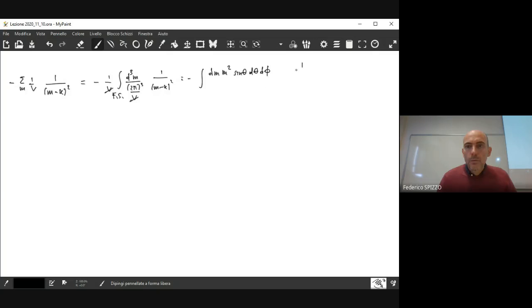Then we have 1 divided by the modulus of m minus k squared. M minus k squared can be written as m squared plus k squared minus 2 times m scalar product k.